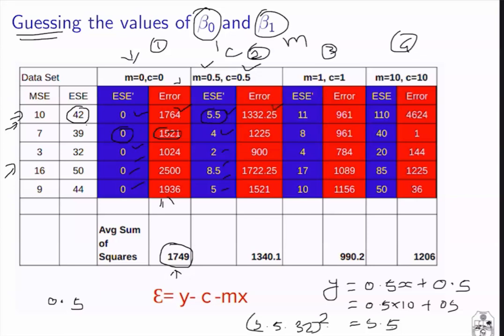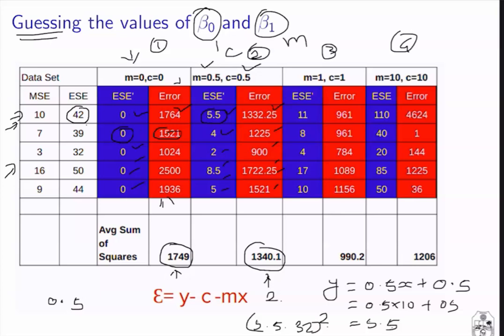Like that I have calculated the error for each and every term. These are the different values, and when all these errors are added together, it comes to 1340.1. So this is the error at the end of the second iteration.